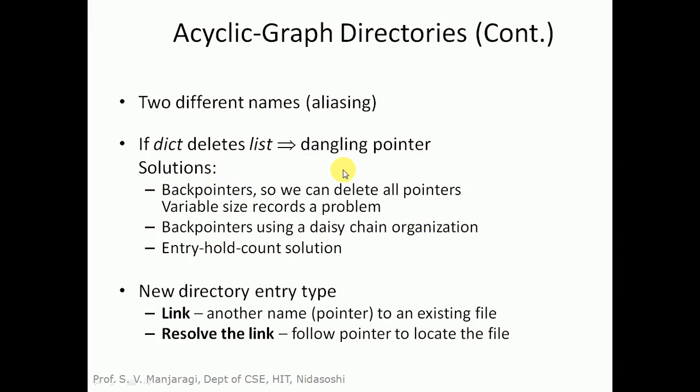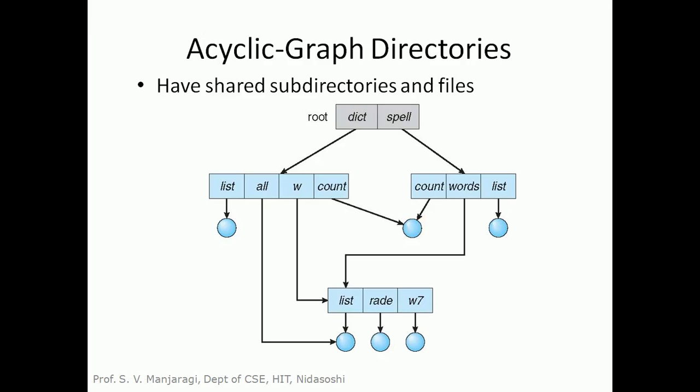Now let us see about the dangling pointer. If the DICT directory deletes list, then there is a possibility of a dangling pointer. Let us see what that is. Okay, so DICT deletes list, then there is an entry pointing to this particular file, and that is called a dangling pointer.